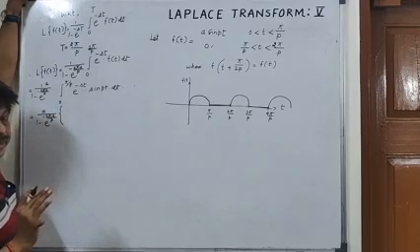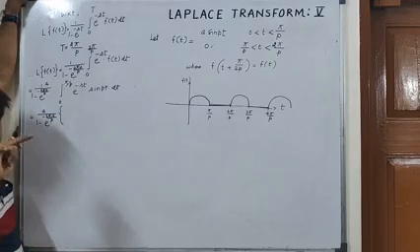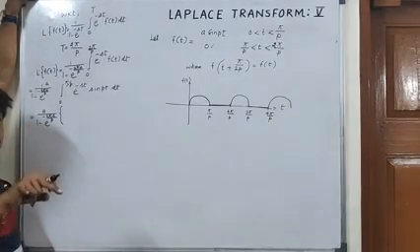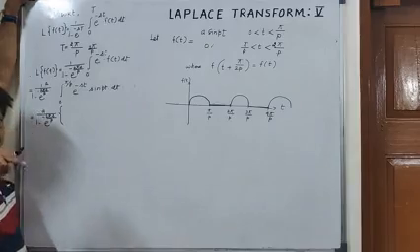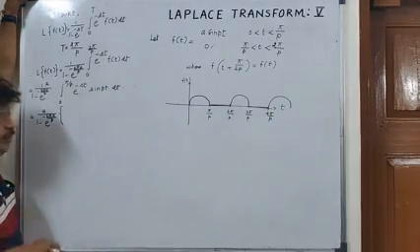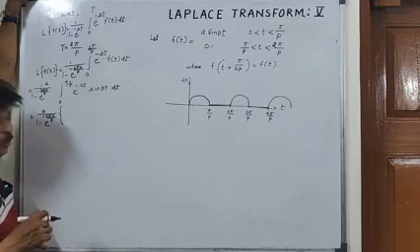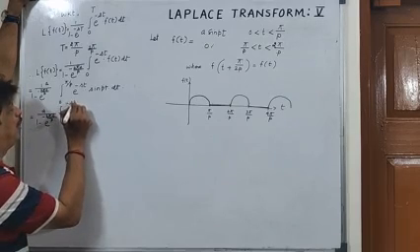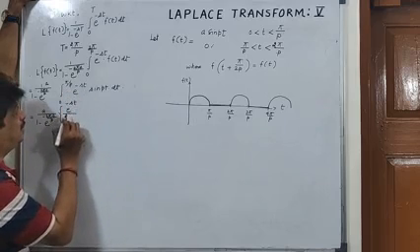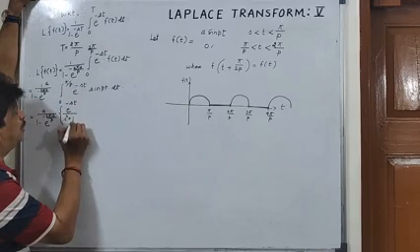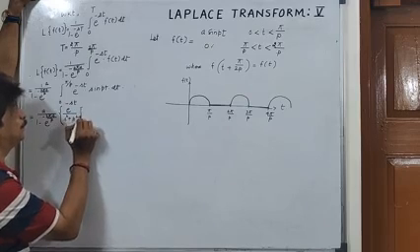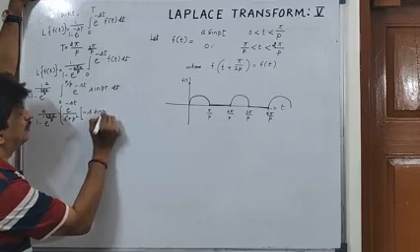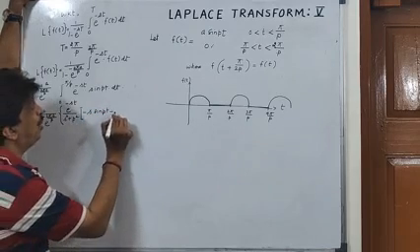the formula: integral e raised to power ax into sine bx dx is e raised to power ax upon a square plus b square, times a sine bx minus b cos bx. I am using that formula. So it is equal to e raised to power minus st upon s square plus p square times minus s sine pt minus p cos pt.